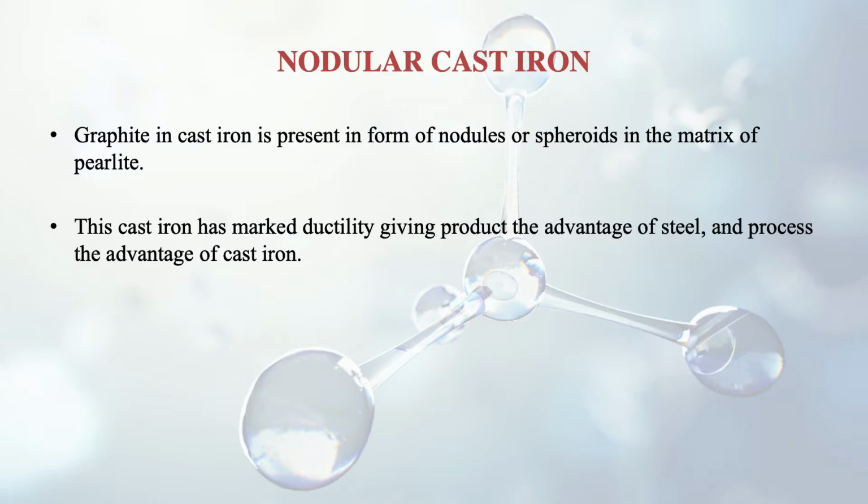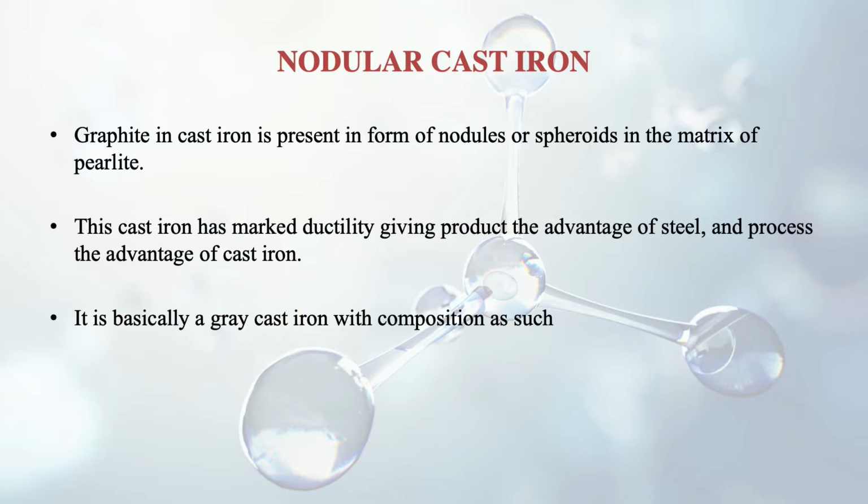That's the difference you can see. Instead of flakes, if you have nodules, then ductility comes in, otherwise it is not there. This ductility gives us advantages of different kinds, and this process gives us a better nodular cast iron, which can be employed in different places.